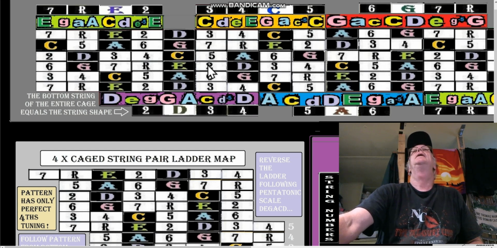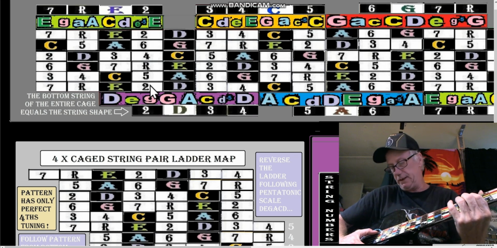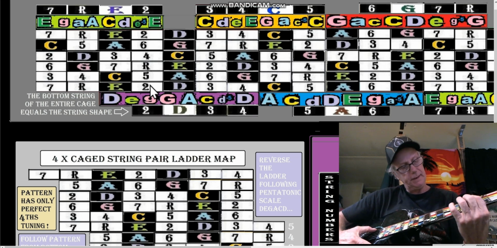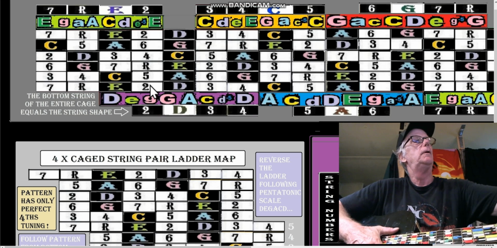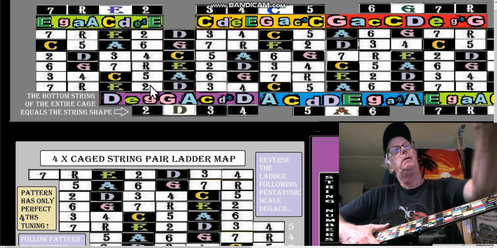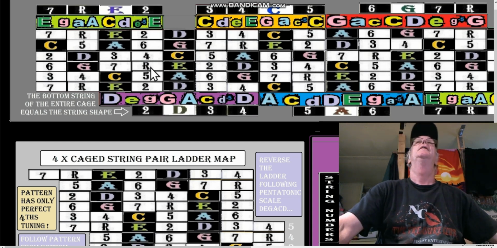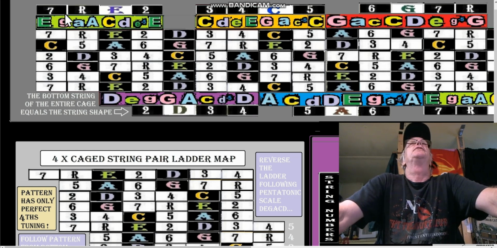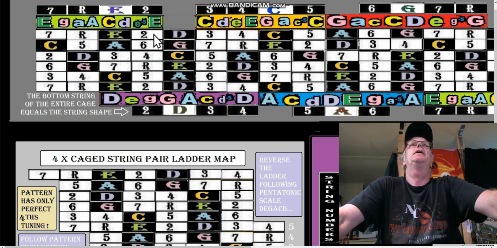So if we're playing a root down here, which is E, we got 2 octaves. Okay, so they're the same note, but 2 octaves above. So we can look at the string shape also as the top string of each cage.